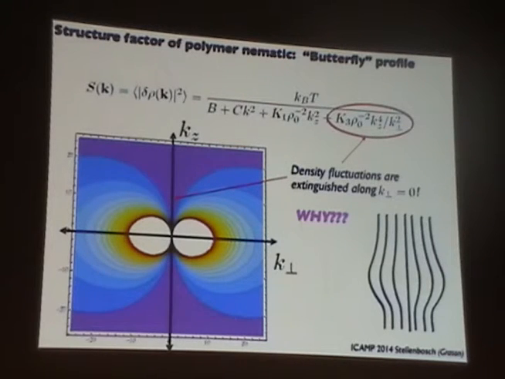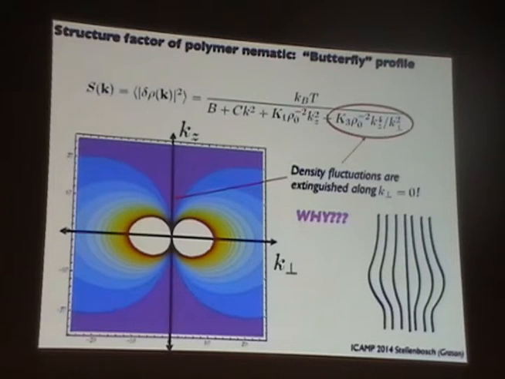So why does that happen? You could say it happens because there's some term proportional to K3 in the denominator that goes to 0. But what that means is somehow the cost of creating these fluctuations along these lines is very expensive in terms of bending.